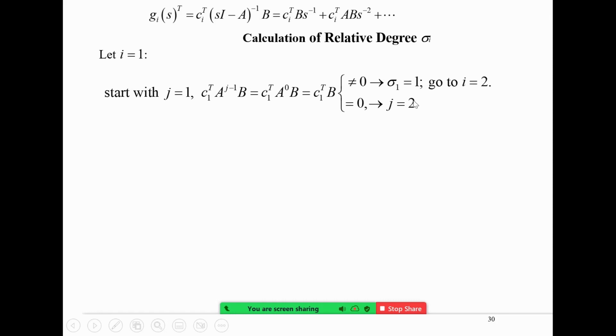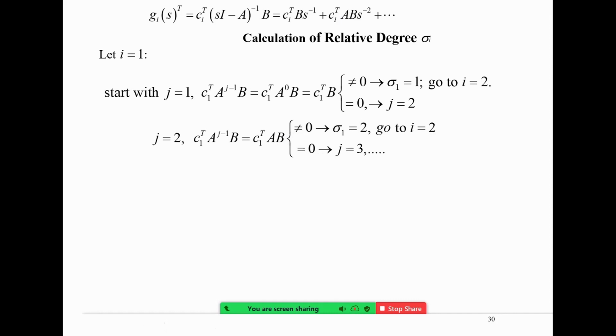If it is 0, you check the second term, C_1 times A times B. If the second term is not 0, then the relative degree is 2. If this is 0, you move on to the third one. That's the way you compute the relative degree. Is that clear? Then you can do that for all the rows.